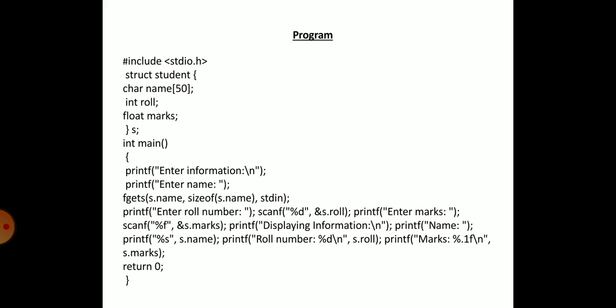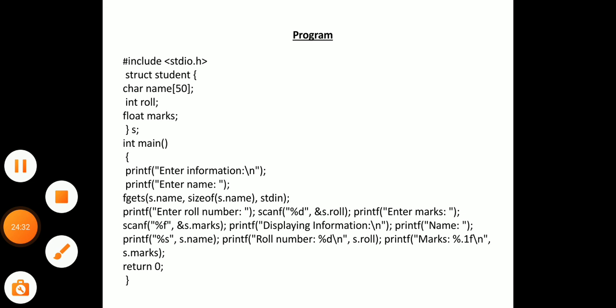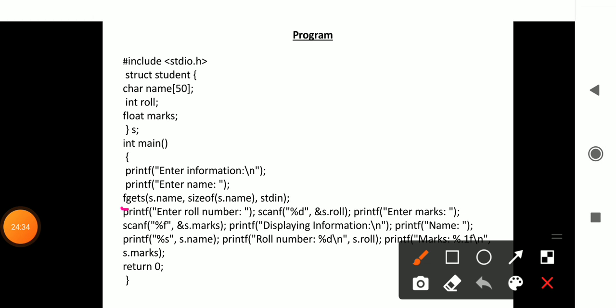We have learned the statement fgets, that is used to get the name, that is a set of characters. A string can be accepted with the use of fgets, followed by s dot name. As we know, s is the variable declared of the type structure.